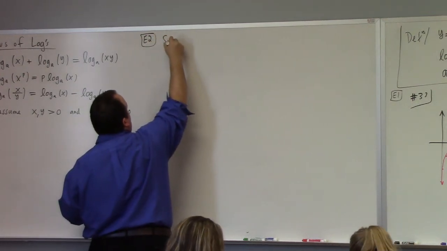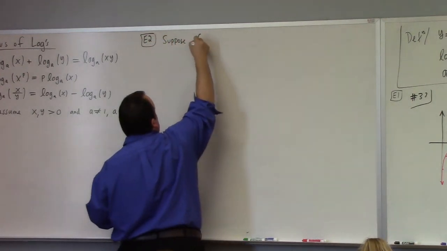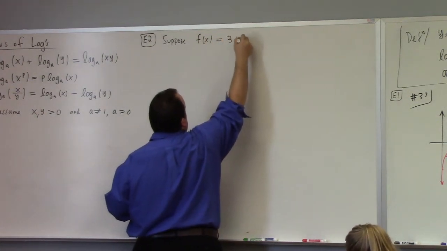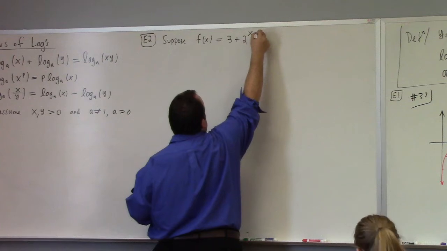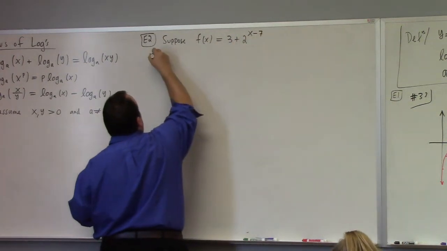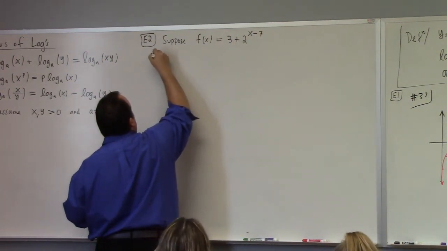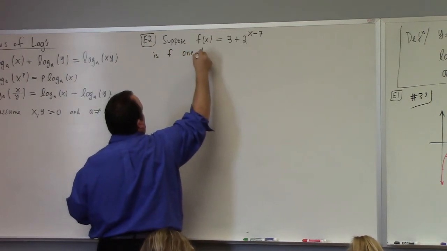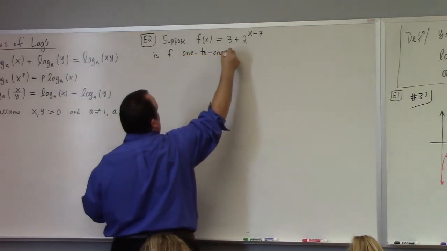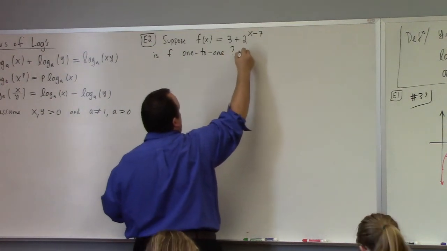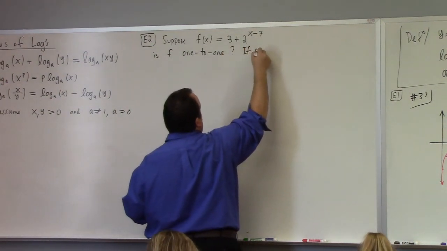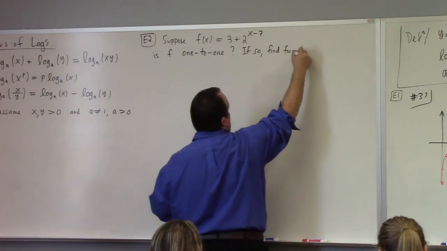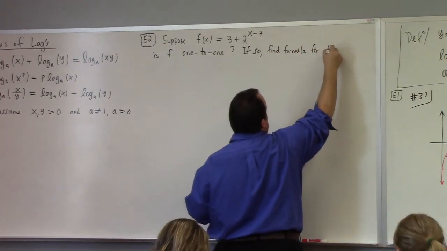Suppose f of x equals 3 plus 2 to the x minus 7. Is f 1-to-1? If so, find the formula for f inverse of x.